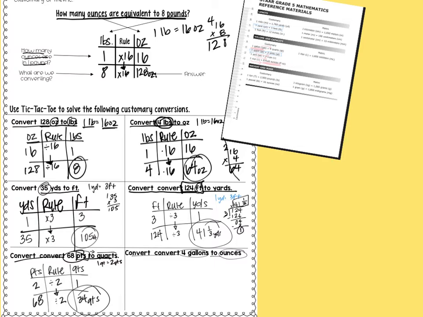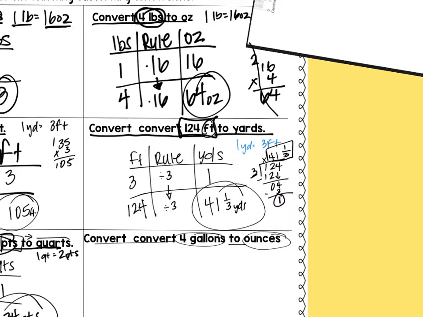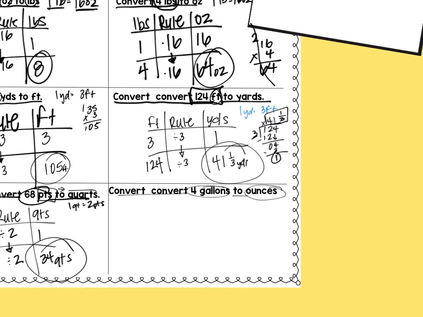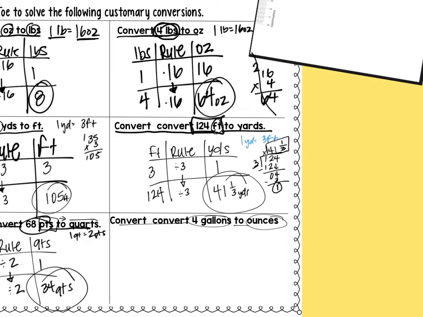So if I build a tic-tac-toe board, I can take it from gallons to quarts. And I know that our chart told me that 1 gallon equaled 4 quarts.